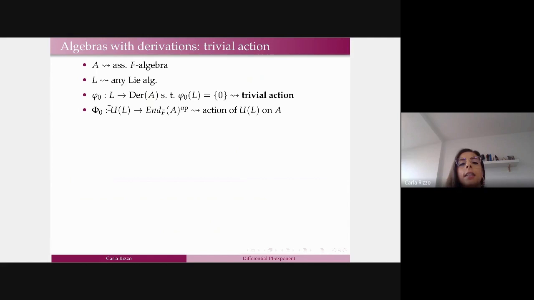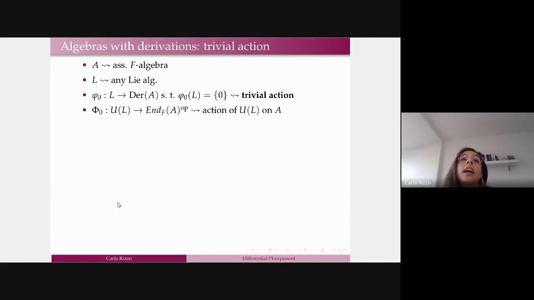We want to understand which is the image of UL in the endomorphisms. Why? Because UL, we know, is in general an infinite dimensional algebra, so there are lots of elements, but among them, which ones are really interesting?